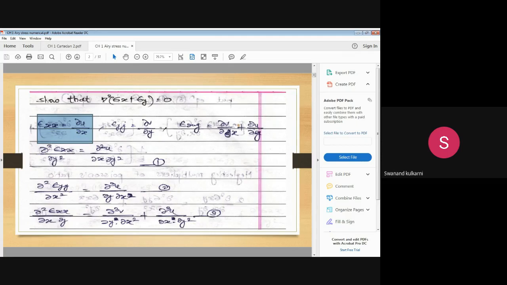If we differentiate this equation for epsilon xx with respect to y two times, then epsilon xx gets converted to dou 2 epsilon xx upon dou y2. Here we have differentiated epsilon xx two times with respect to y, and this is the partial differentiation equation.